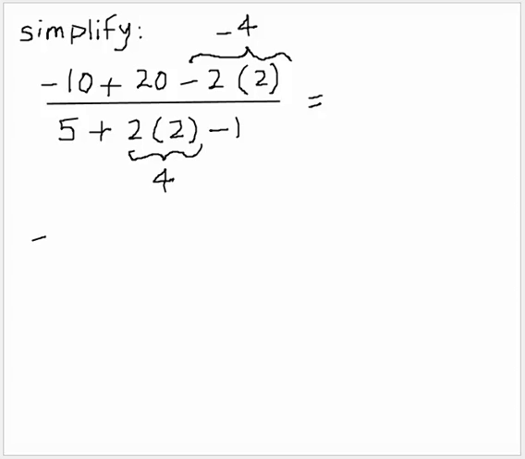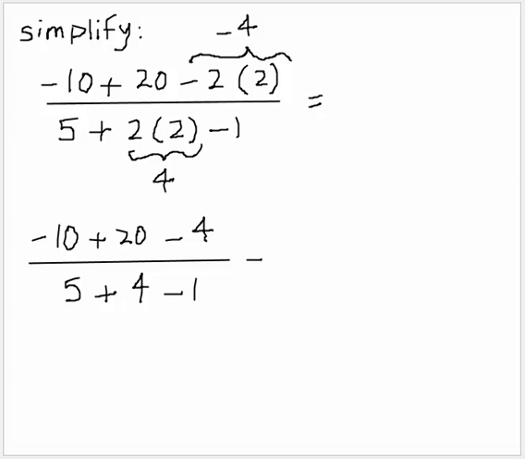So we get minus 10 plus 20 minus 4 over 5 plus 4 minus 1. Now if you can all follow up to this point, can I see a check box next to your name, please?